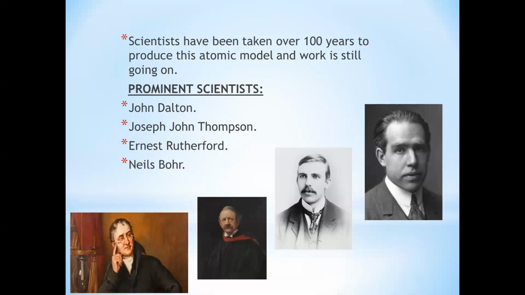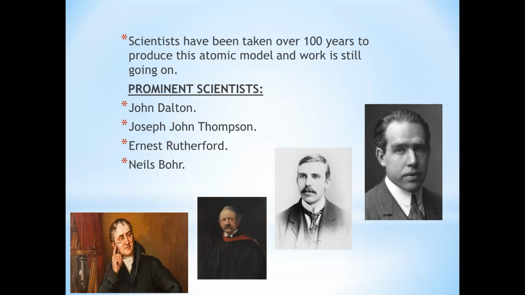Dalton then had the idea that everything is made of particles which could not be broken down into anything smaller. So he called these particles atoms. Dalton also thought that different atoms had different weights and did experiments to prove it.